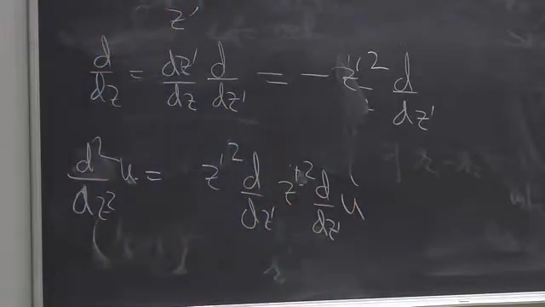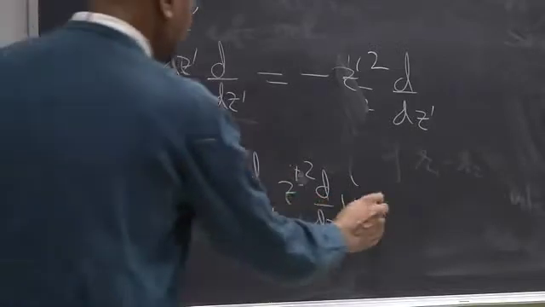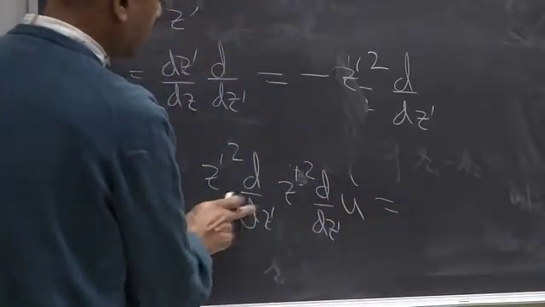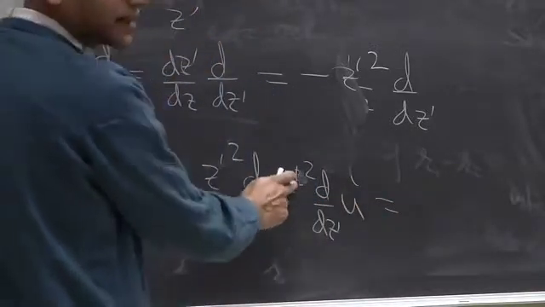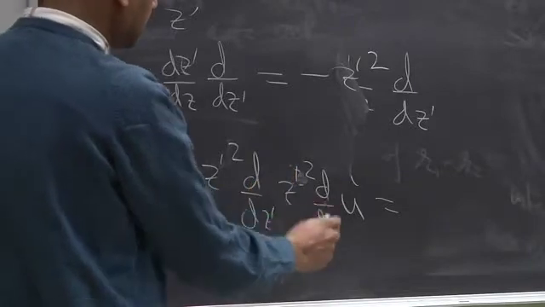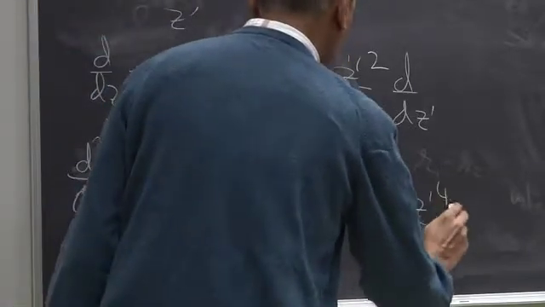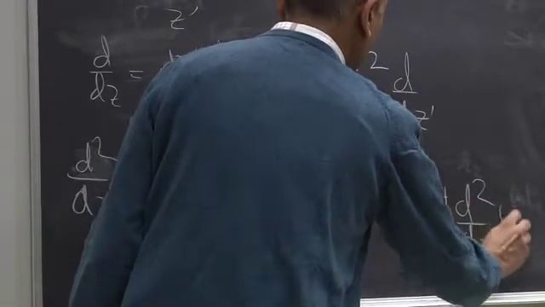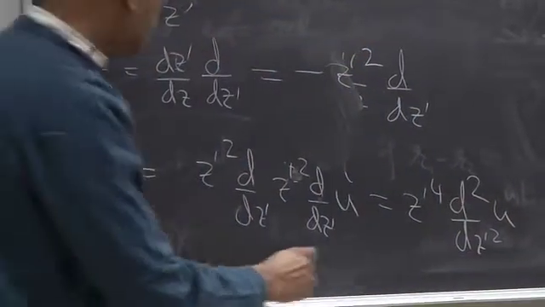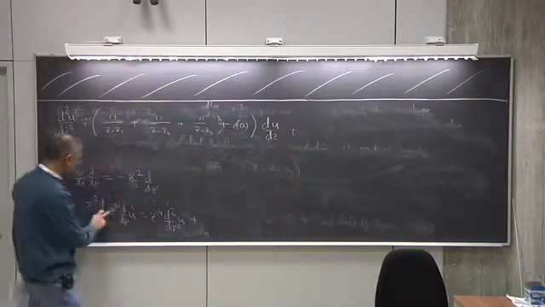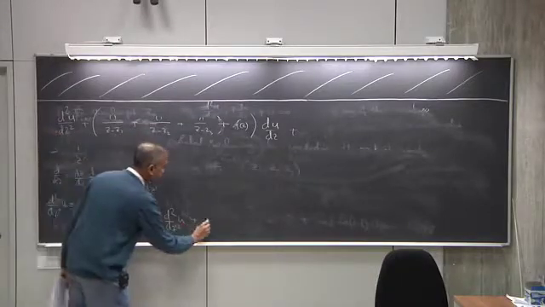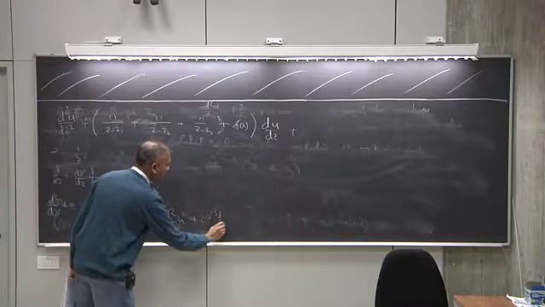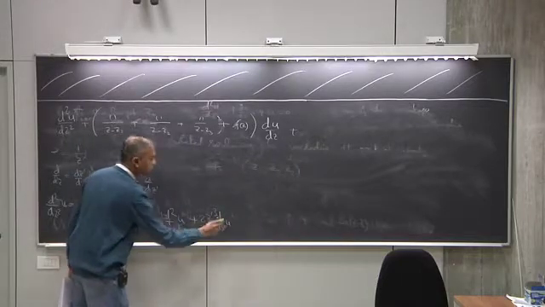Let's simplify this. Here you have two terms. When this one acts on that, you simply get z prime to the 4 d2 by dz prime square u, and when it acts on the other one, you get 2 z prime cube d by dz prime u.